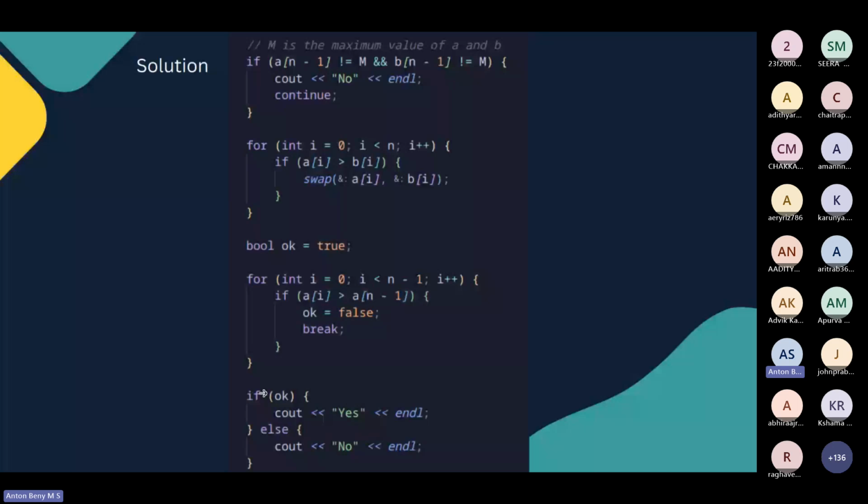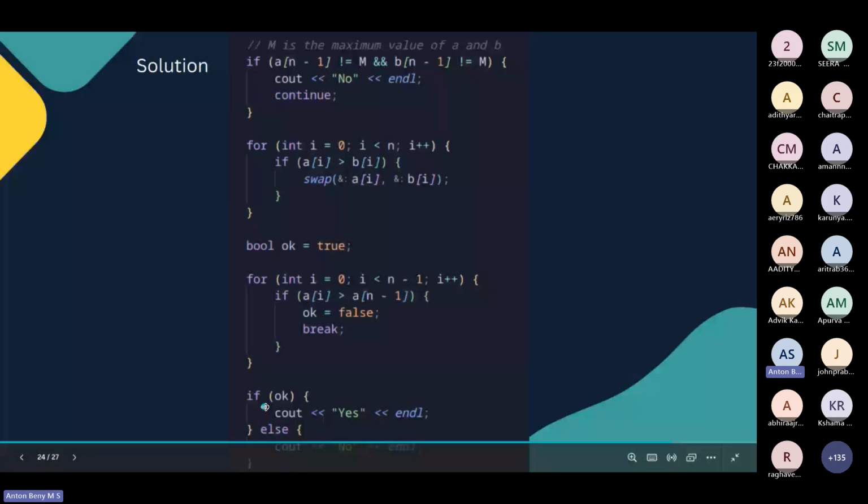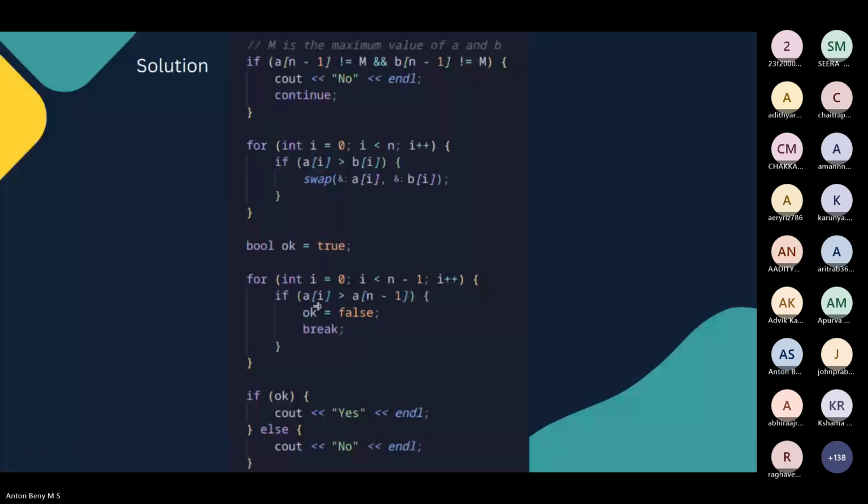So we'll just exit the loop, and this is where we'll check. If the OK value is still true, that means yes, A satisfies the condition. Else we'll print no. That will be the case where there's one element which is greater than the last element in A. I hope everything is clear.